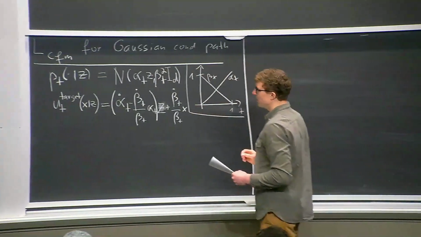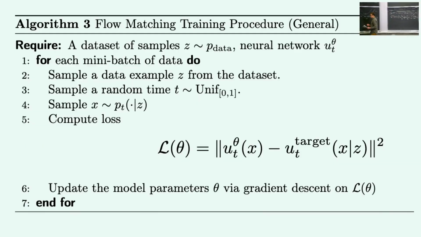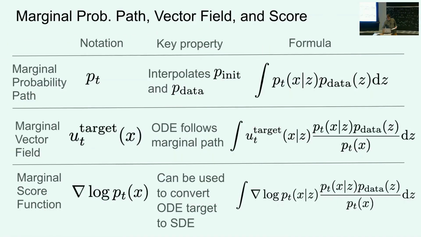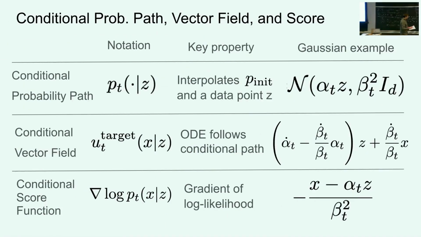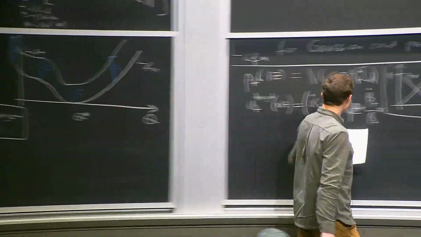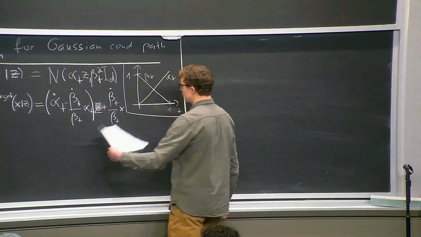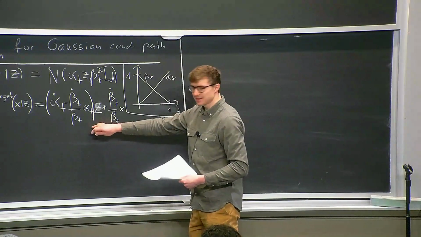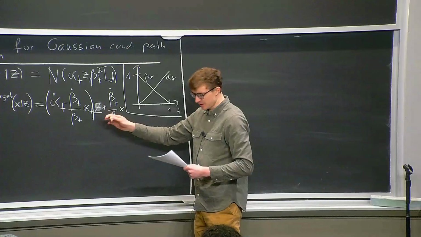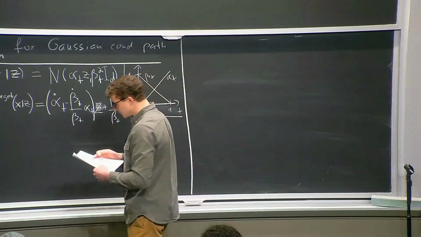So that's the formula that I had on the second slide, just as a reminder. I just wrote down this formula for the conditional vector field here again. Keep in mind that we know alpha t and beta t. We just chose them. So this looks more complicated only because we can just plug in equations.